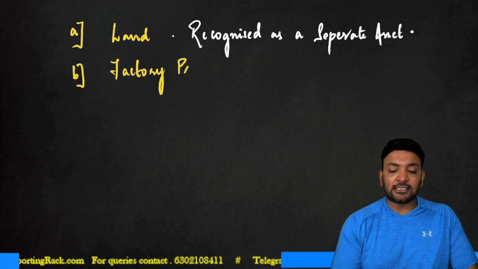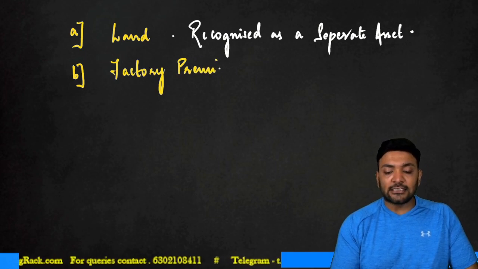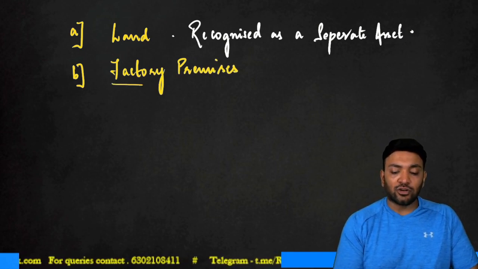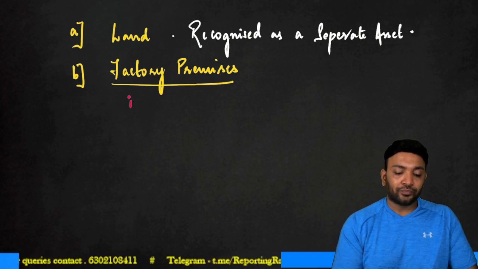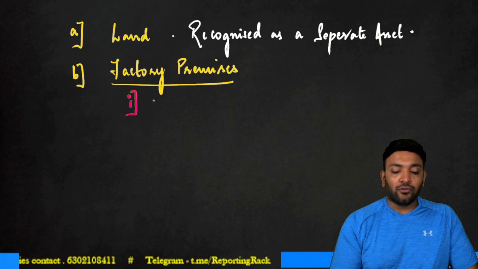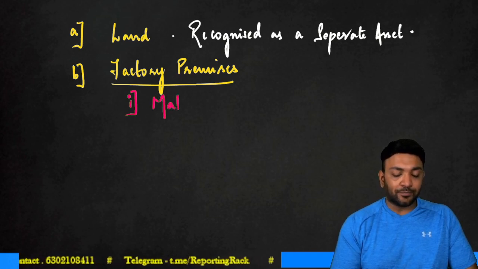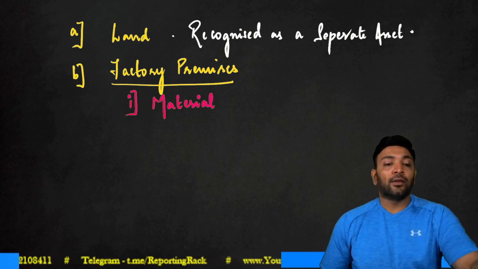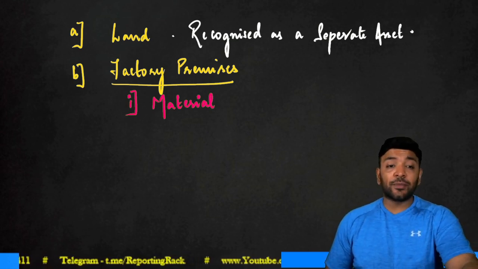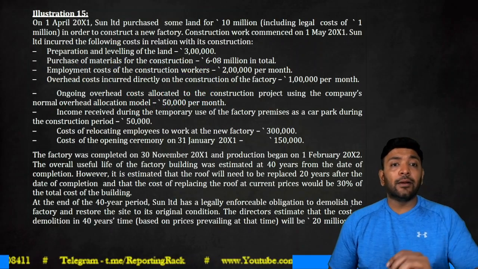Factory premises is a separate asset. Let's look at the inclusions in the factory premises. First one is your materials. Look at the material supposed to be included in the cost of the asset.